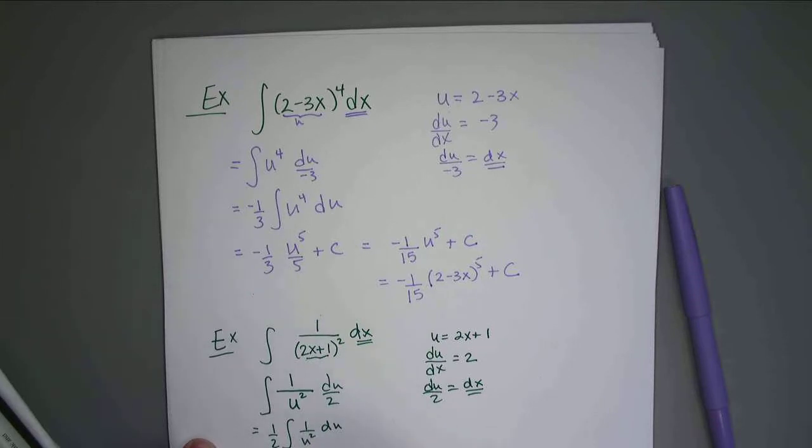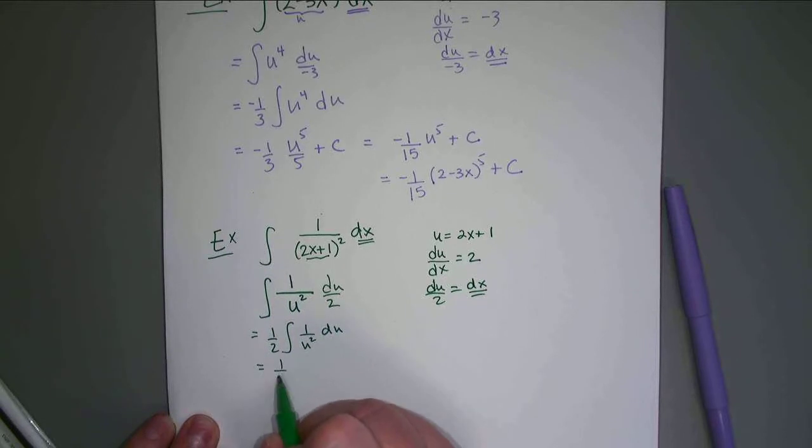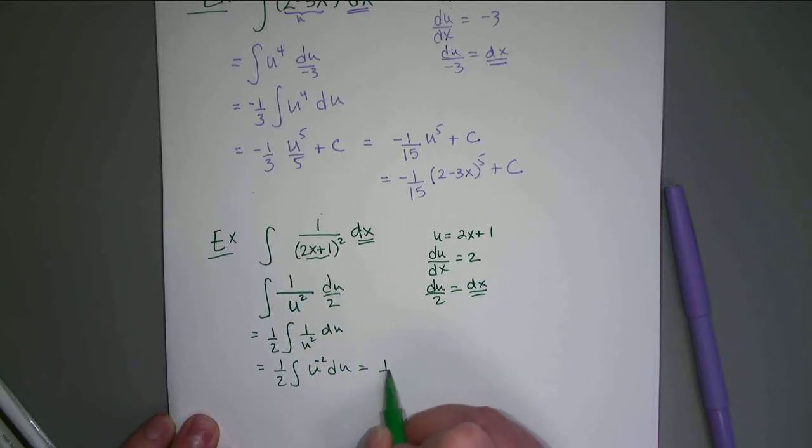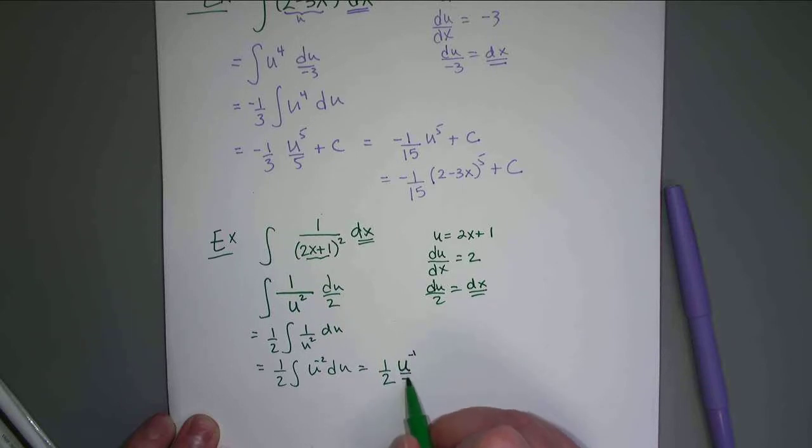Now, to solve this, we need to bring the u up to the top. 1/2 is a constant. Integral of u to the minus 2 is u to the, add 1 to the exponent, minus 1 over minus 1.